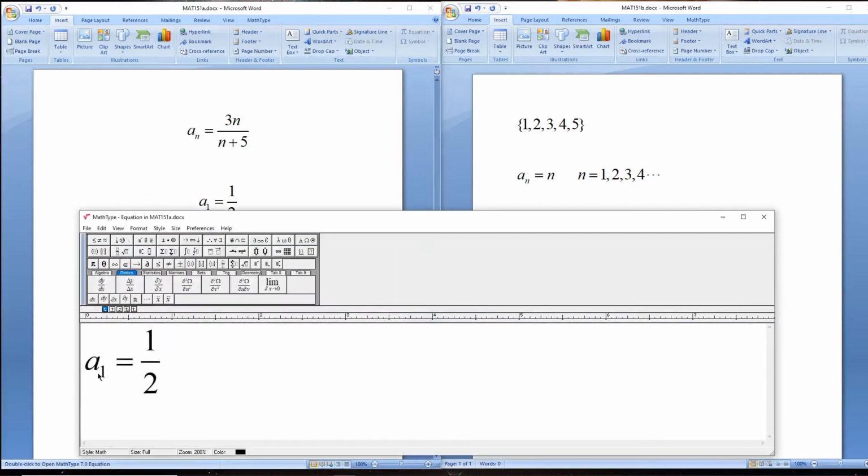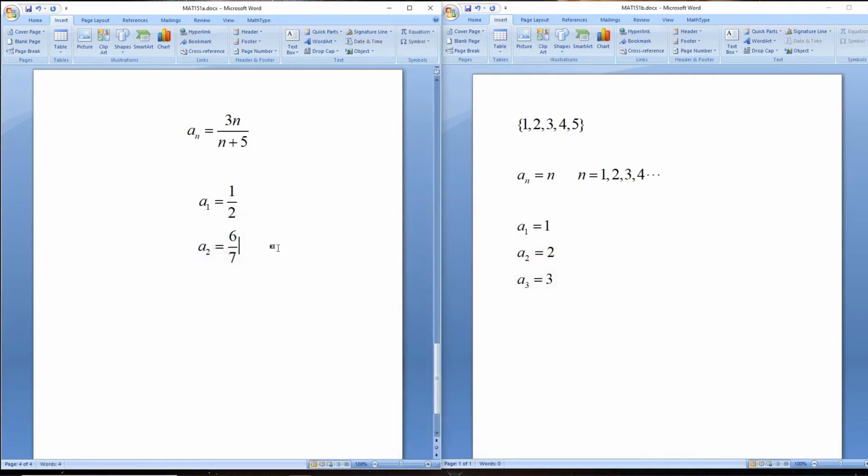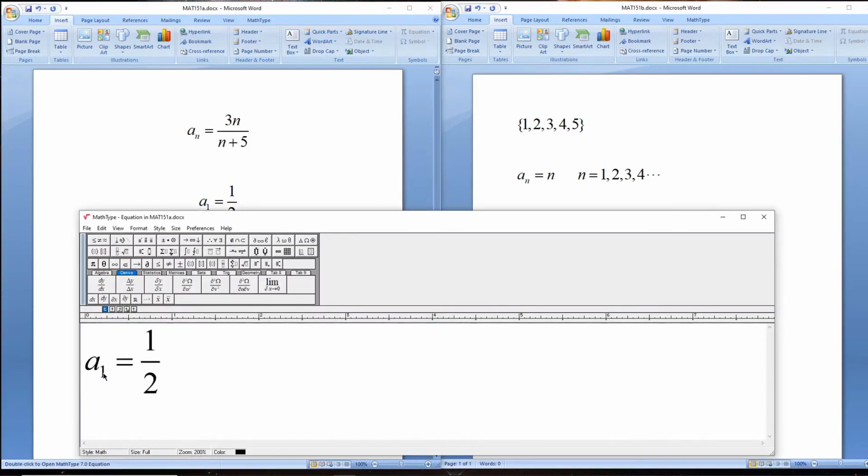So we'll look at n equals 2. If n equals 2, we have a 6 in the numerator and a 7 in the denominator. And there's our second number in the sequence. They want us to do 4, so we'll go to n equals 3. Now if n equals 3, looking at our sequence, means we have a 9 in the numerator and then an 8 in the denominator.